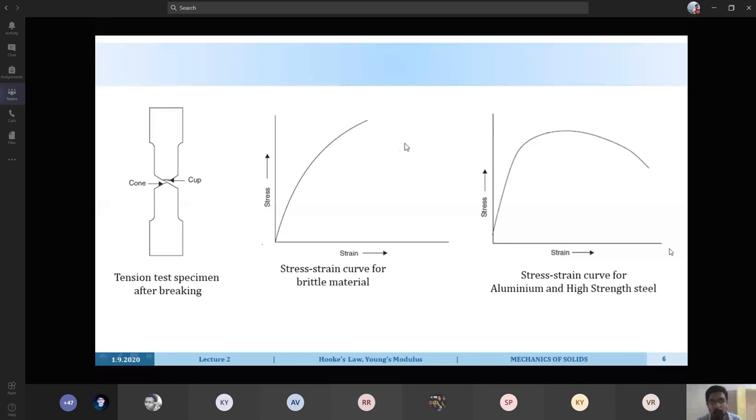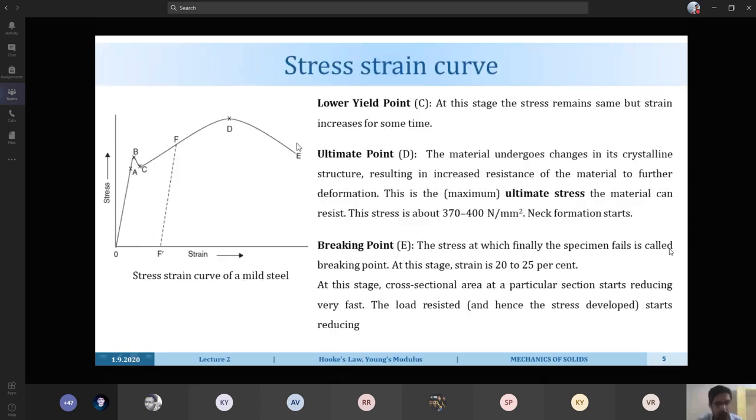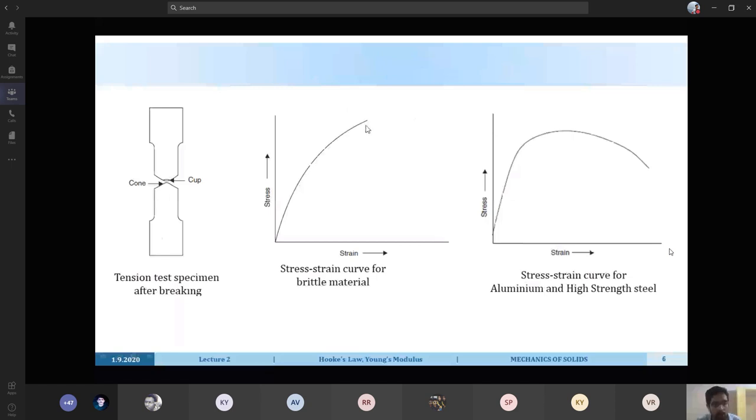For brittle material, it cannot sustain a lower value of stress. For example, here we applied a stress load, and then the material goes on elongating. But as we see here, up to this point, once we apply more load after this point, the material fails. The material breaks apart. So that's why the plot is up to here.